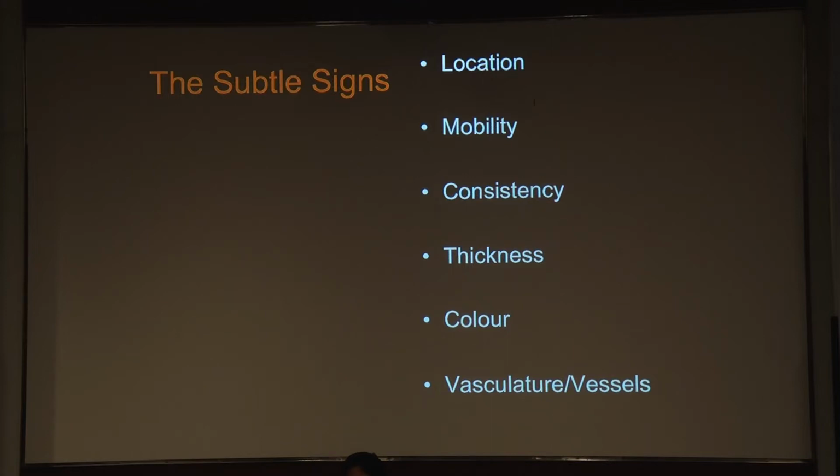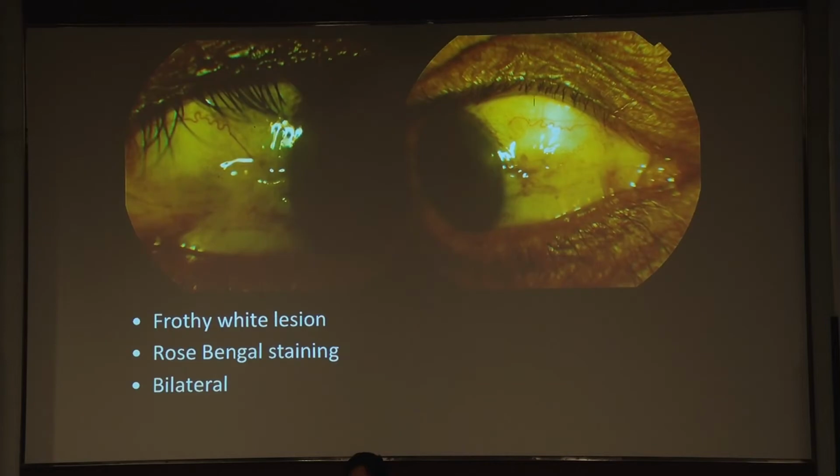But we also need to look at the fornix and the tarsus, which sometimes have lesions that give off subtle signs and give us a clue, as I'll show you in some cases. Then mobility or fixity to the underlying structures, consistency in terms of whether it is paste-like, thick, cystic, thickness, color, which gives a very good giveaway, and also the type of vasculature we see.